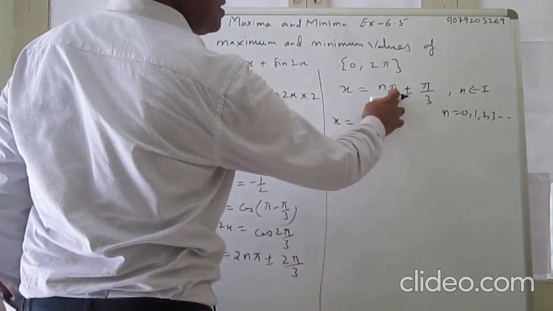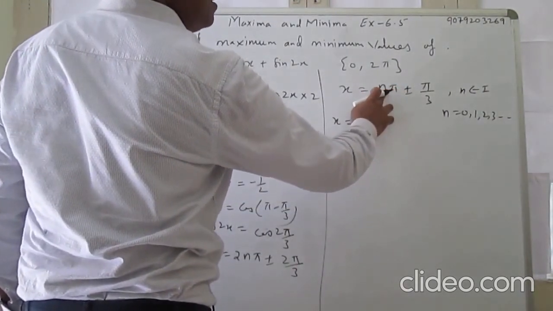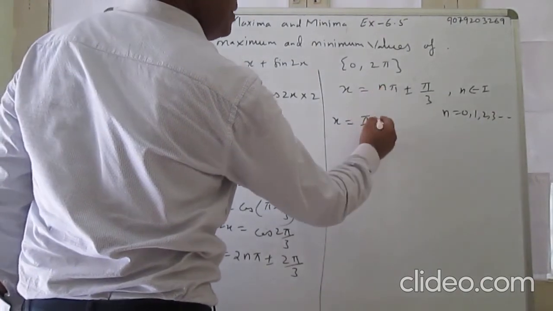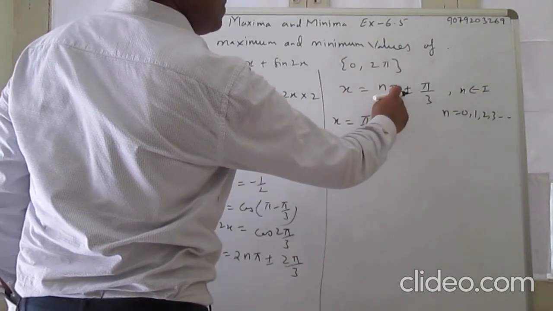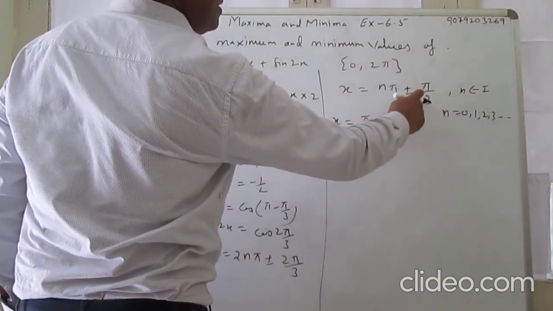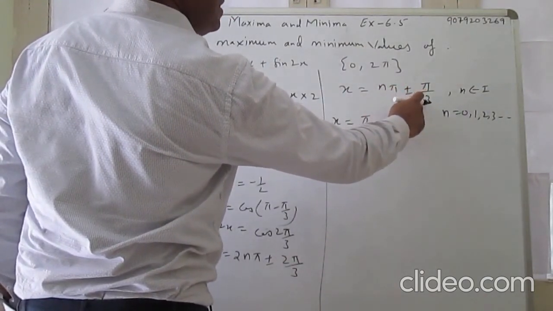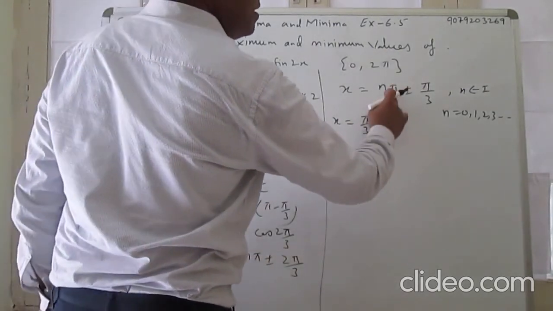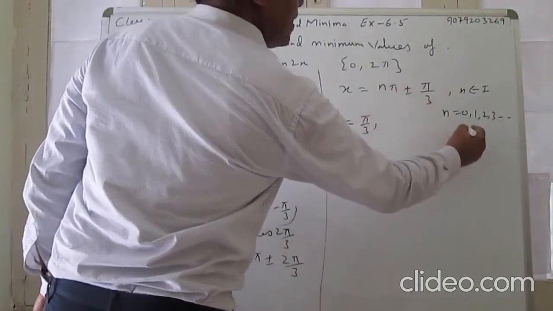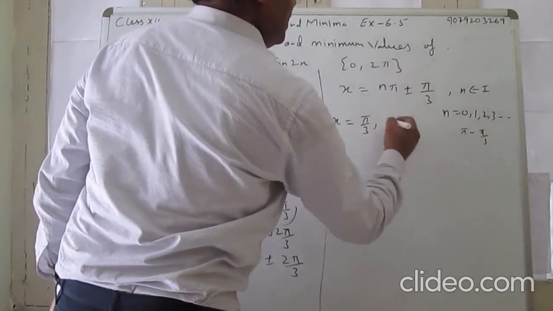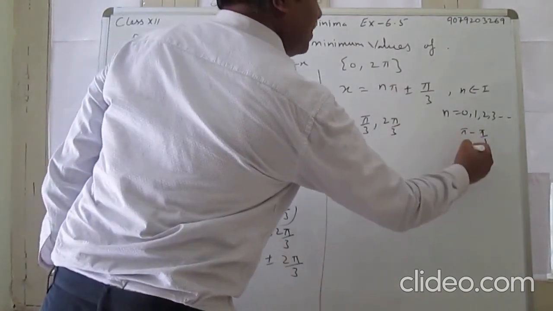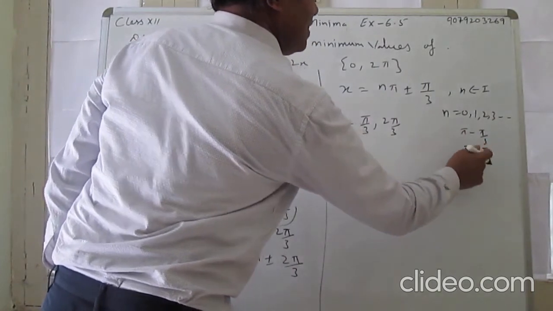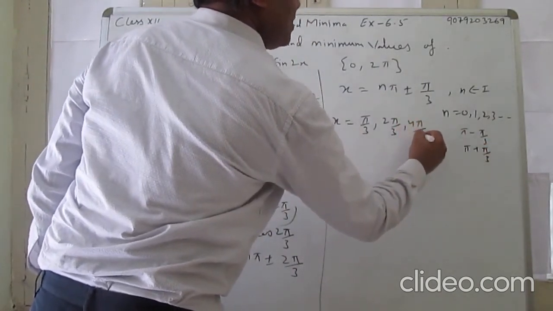If I take n = 1, it becomes π - π/3, that is 2π/3, and taking positive, π + π/3, that is 4π/3.